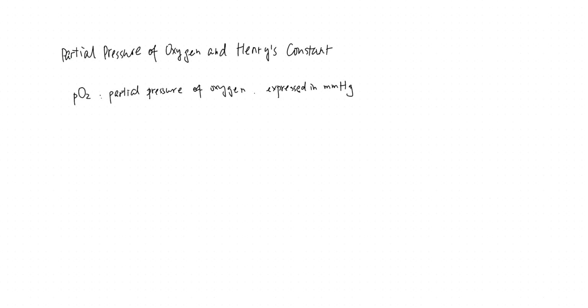So we would like to know, for example, in the body, what's the concentration of oxygen in the blood, or in general in the liquid we are interested in, and what's its relation to the partial pressure in the air. That's what Henry's constant is doing. So think about it, you have a tank.